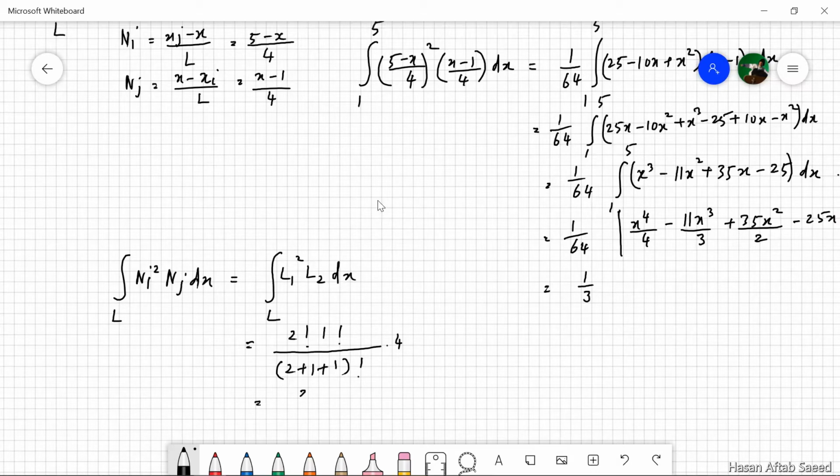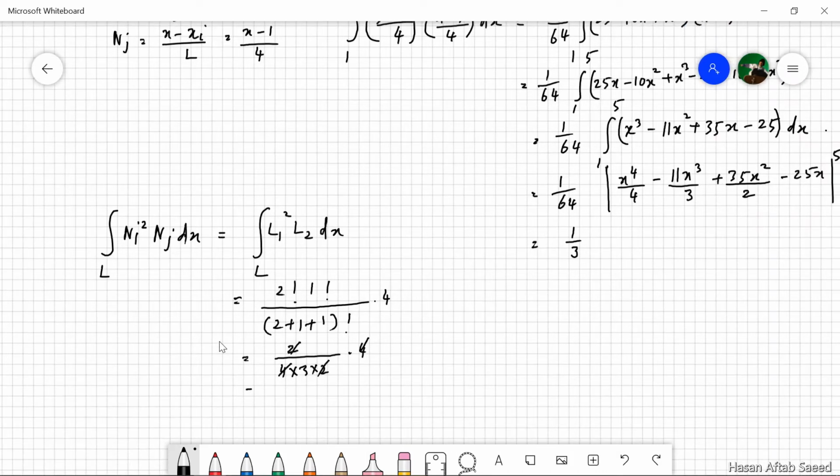Now 2 into 4, over 4 into 3 into 2, and we have 1 over 3. So we saved a lot of computational effort.